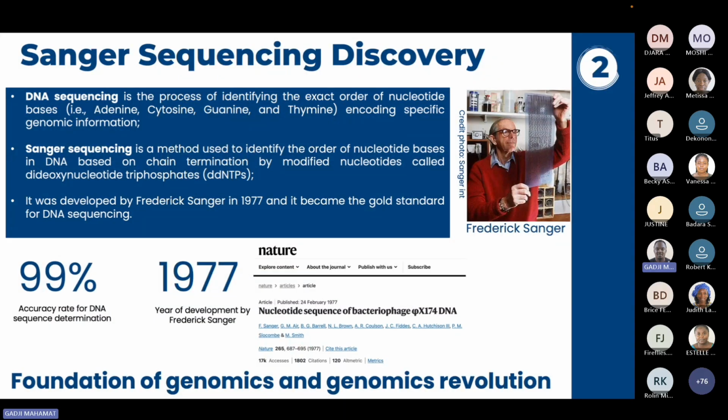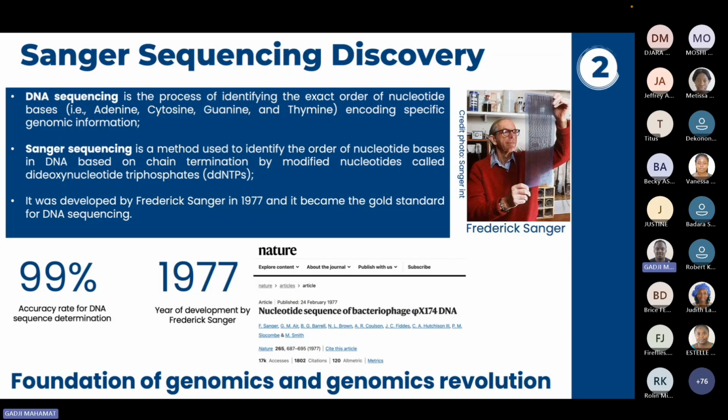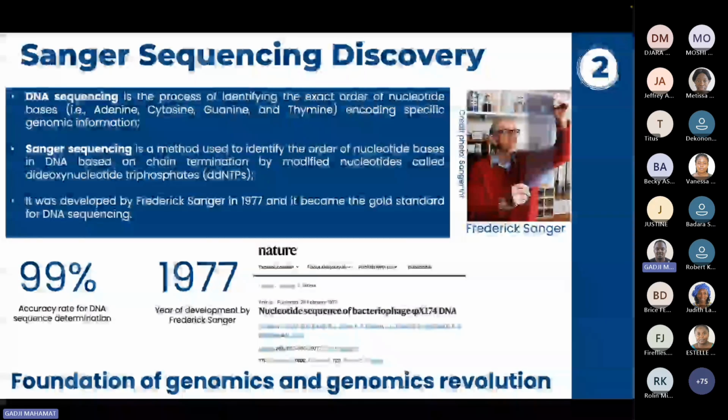The method was developed by Professor Frederick Sanger with his team when he was doing some experiments in the lab. He was able to introduce into a normal PCR reaction the dideoxynucleotide triphosphate that blocks the extension, or the polymerization, of the DNA, preventing the binding of the next nucleotide.